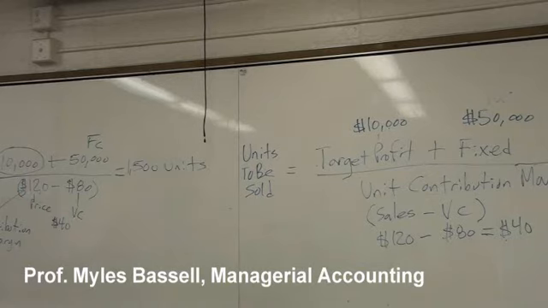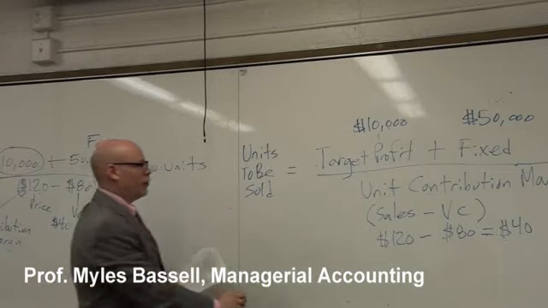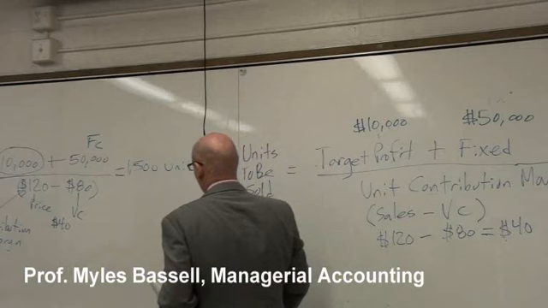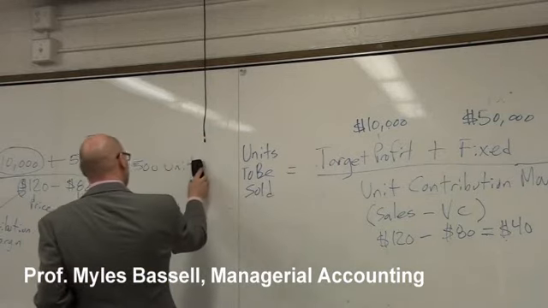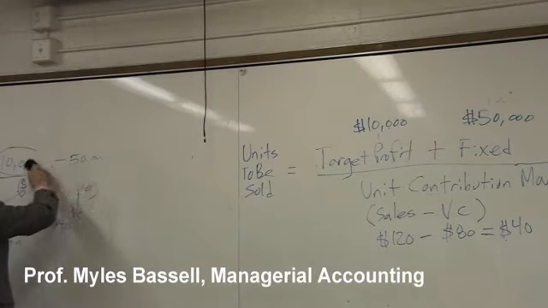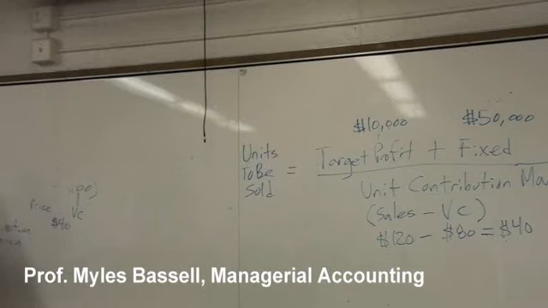What about if we want to make a profit of $15,000? 1,625. All right, so let's see how we got that. Now we want to see how many units we need to sell to make a profit of $15,000.